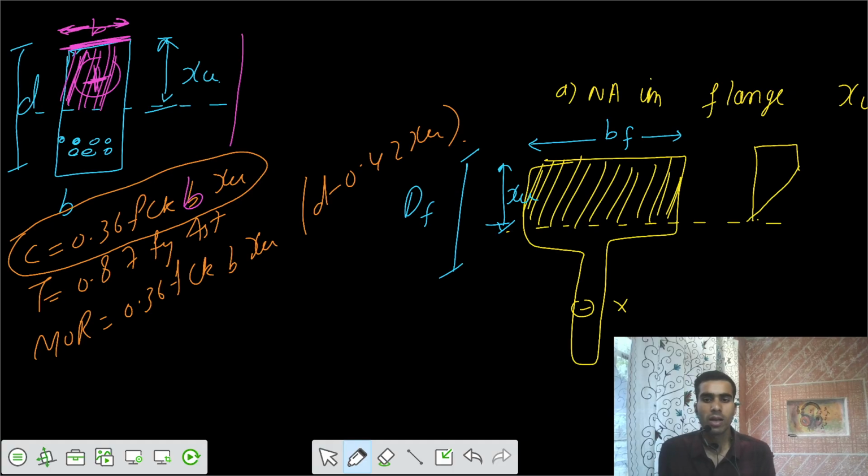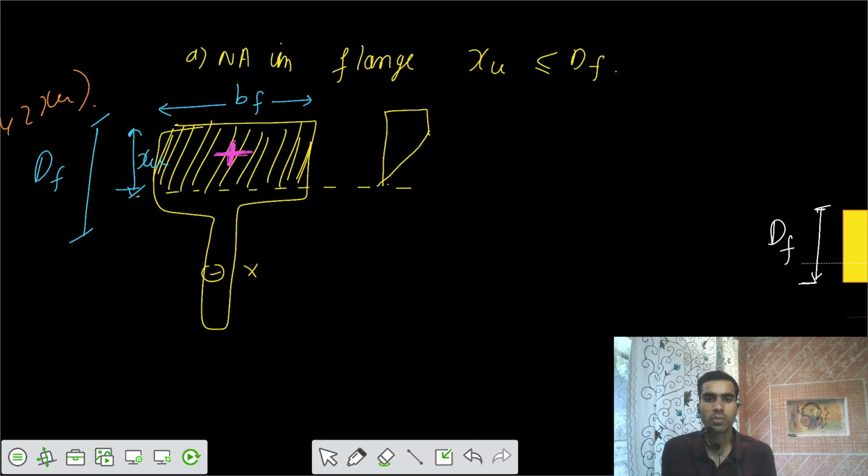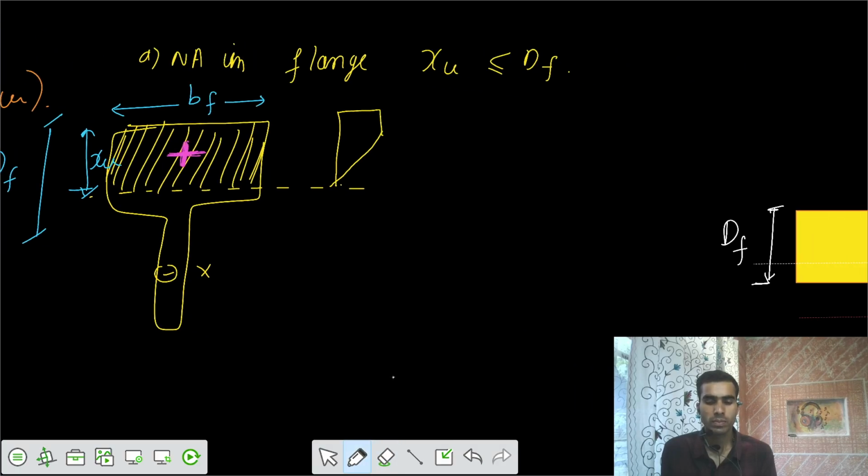Similarly, if the positive compressive stress is in this part above the neutral axis, we are going to take this as a singly reinforced beam, a rectangular beam of dimensions BF cross D, where D is the effective depth.